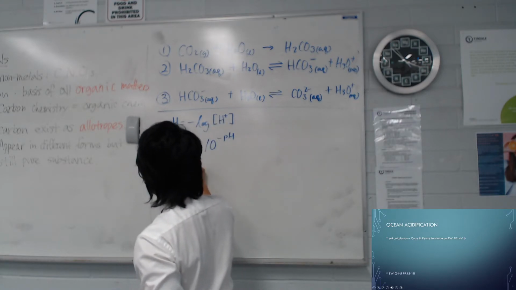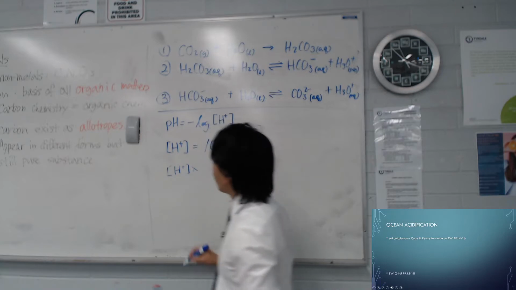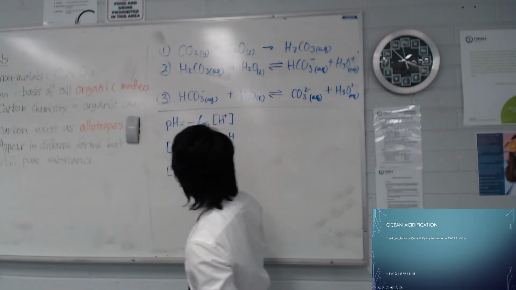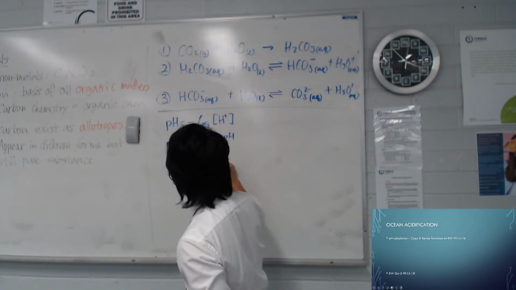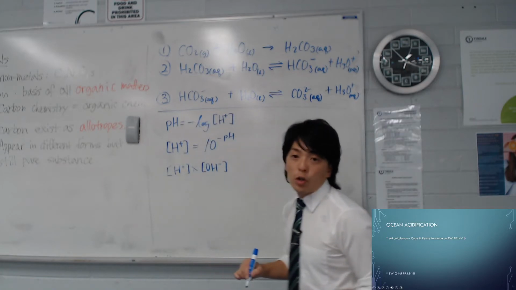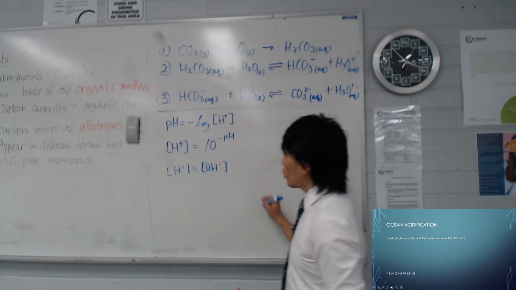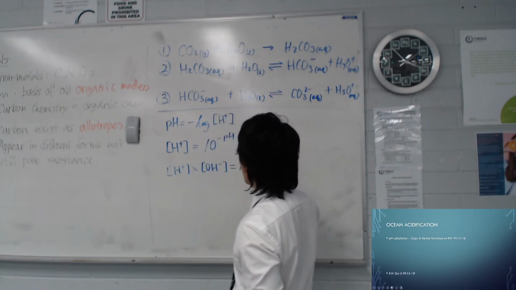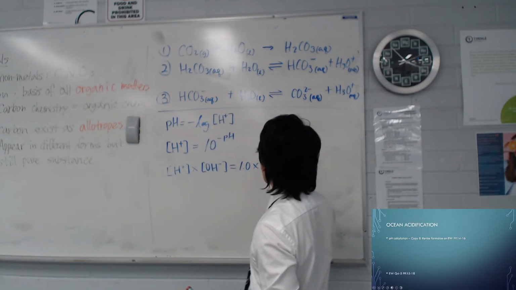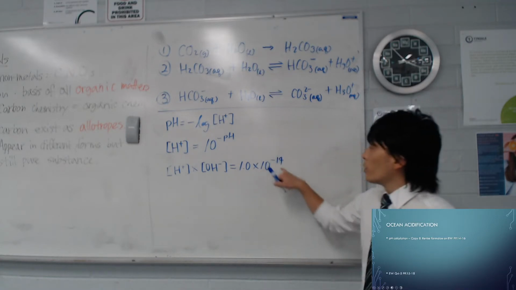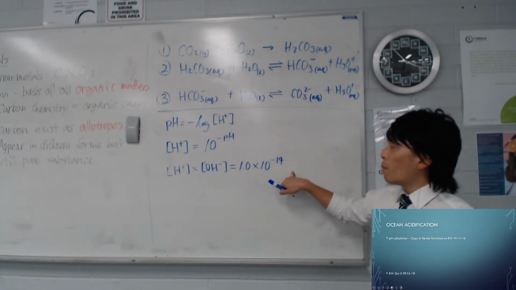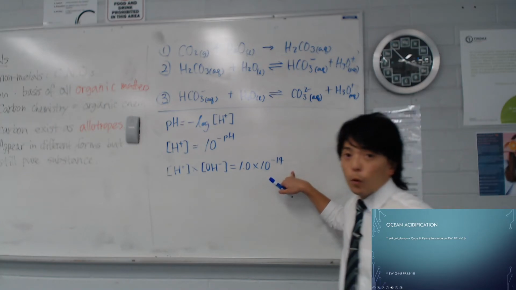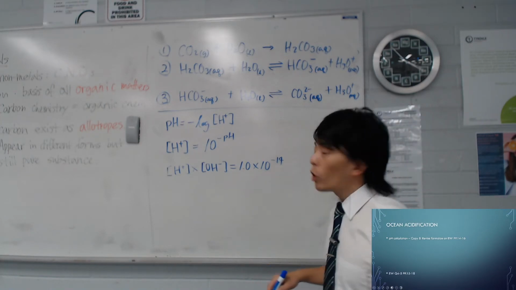The H+ concentration and OH- concentration, if you multiply them, you would always get 1.0 times 10 to the power of negative 14 in the same solution.